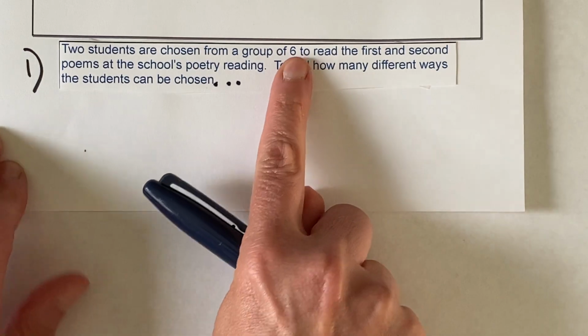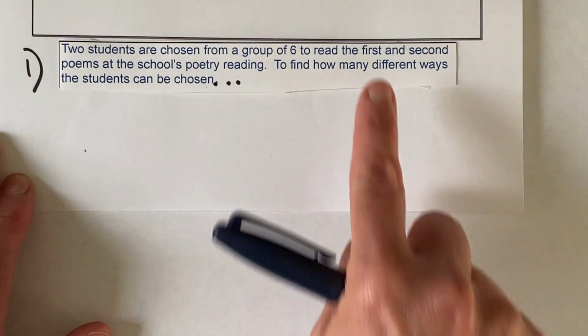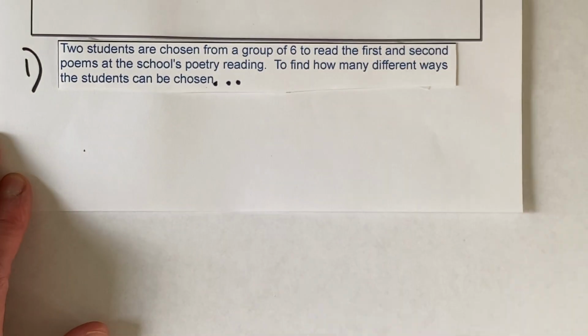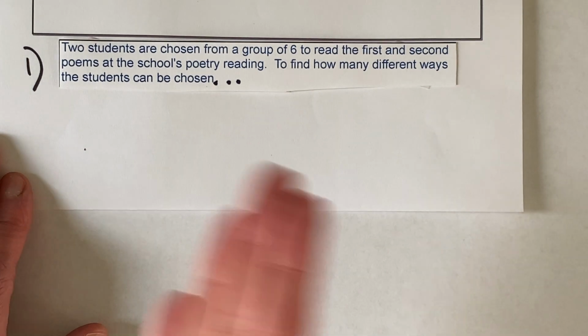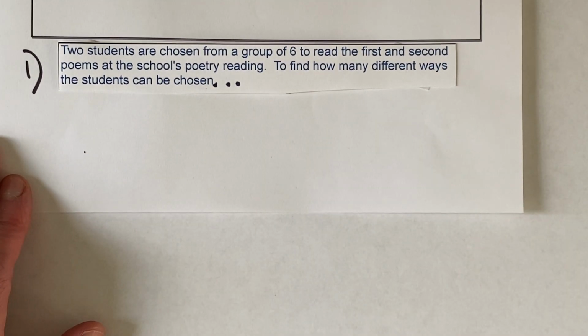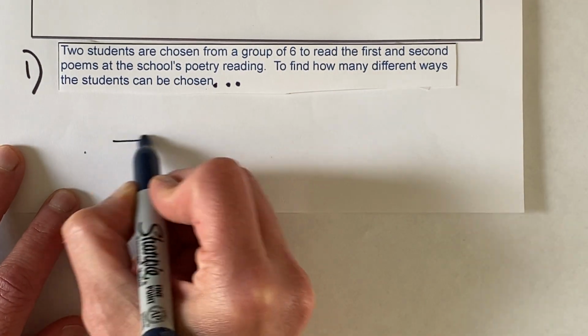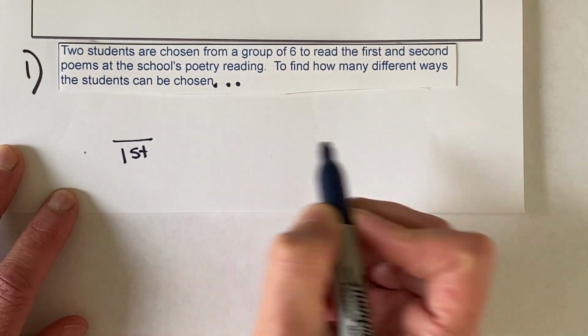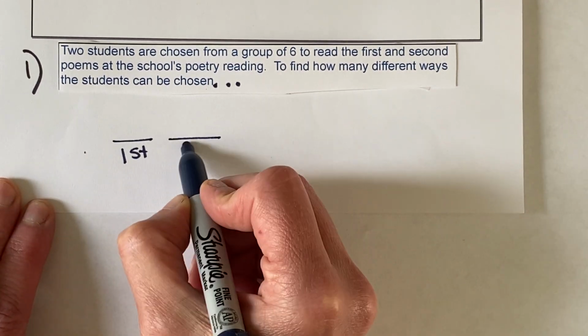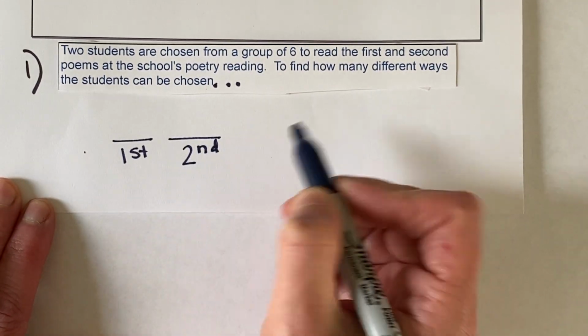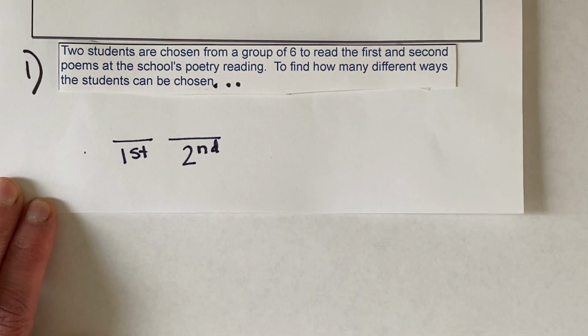Okay, so I have 6 kids, and I'm telling you that the first and the second is important to me, right? Someone's going to read first, someone's going to read second, and that's me telling you that the order matters, okay? So here's my first kid that's going to read a poem, and then here's my second kid that's going to read a poem. No offense to the other 4 kids, but they're not getting chosen.